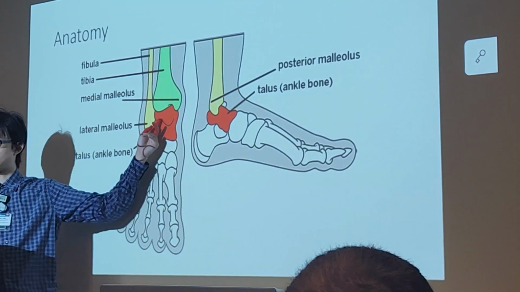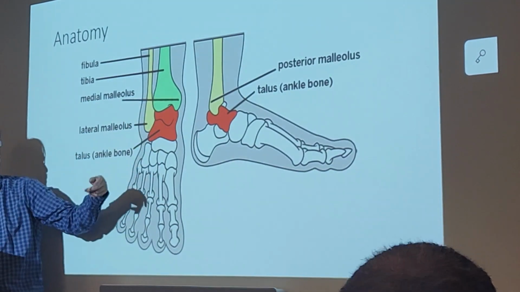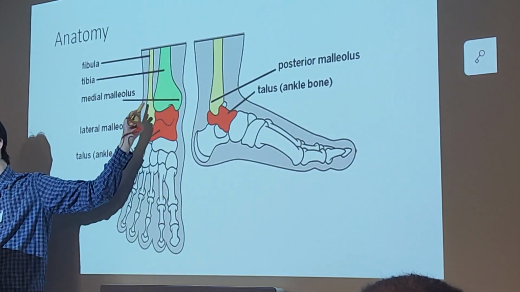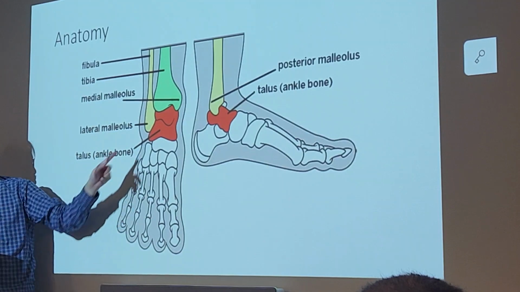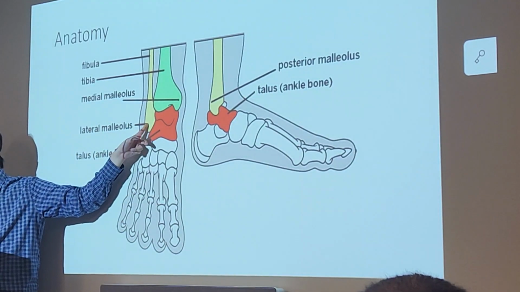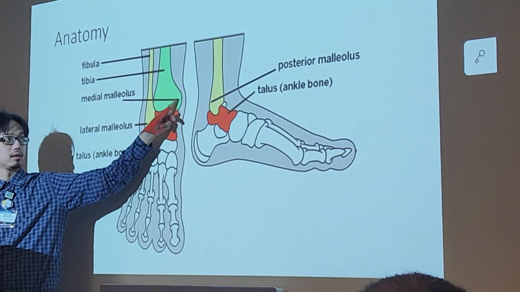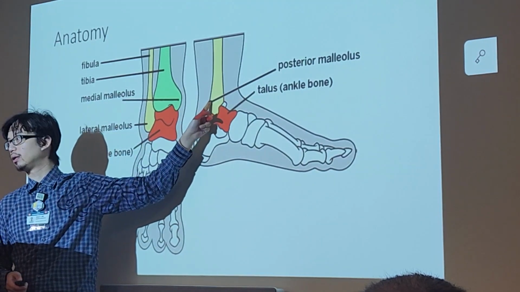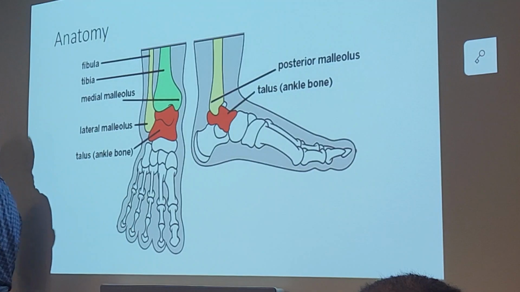It articulates with both the tibia and the fibula. So fibula, lateral malleolus; tibia, medial malleolus; tibia, also posterior malleolus, right? Three malleoli.